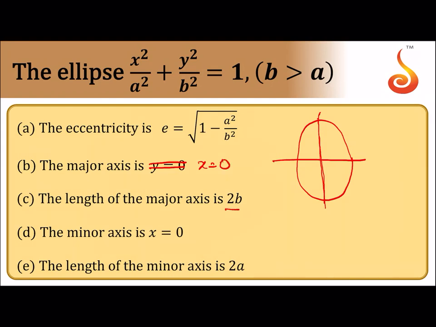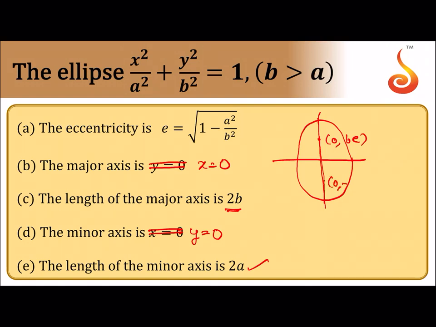It was written wrong: x equal to 0 is the major axis. The length of the major axis 2b is correct. The major axis means all points with x equal to 0, and the minor axis is y equal to 0. The length of the minor axis is 2a. Remaining all points are the same.